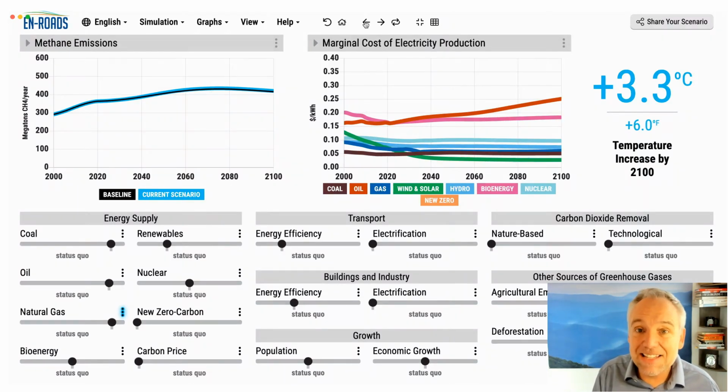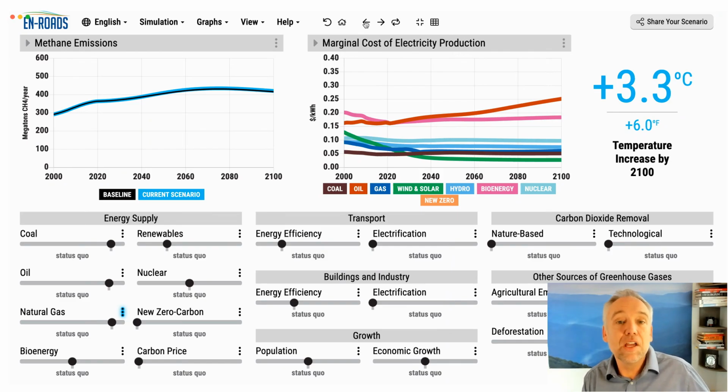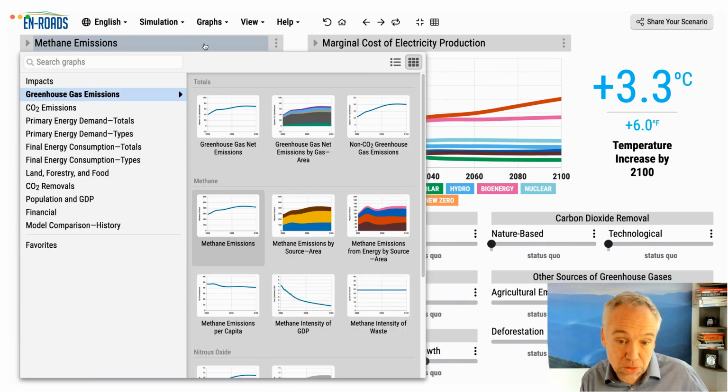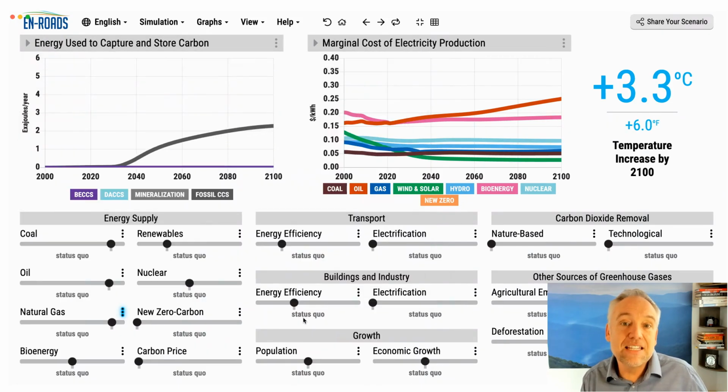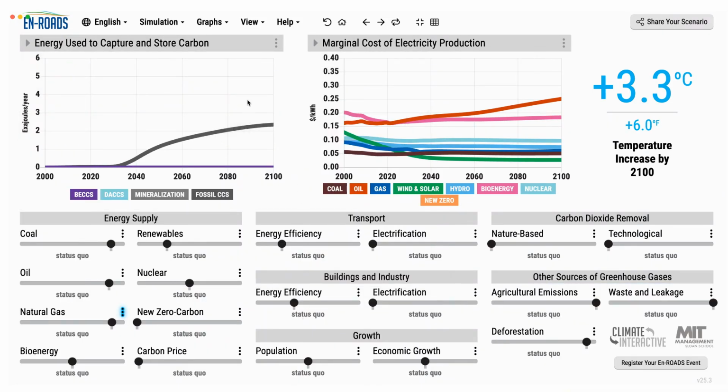So on net, those various factors balance themselves out, including one additional one, which is overall energy use. It takes energy to run the CCS, so we have a little bit of a boost to energy. So overall, in this scenario, there's no real net gain for the climate. And these are the graphs that you would want to look at in order to figure all of that out.